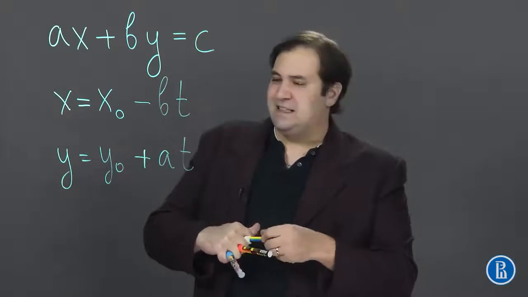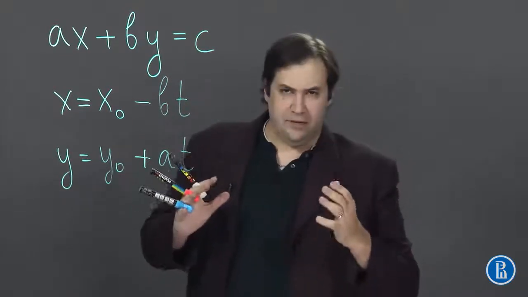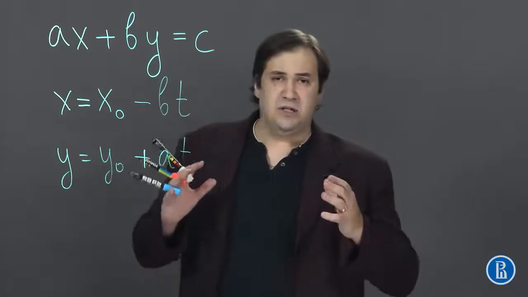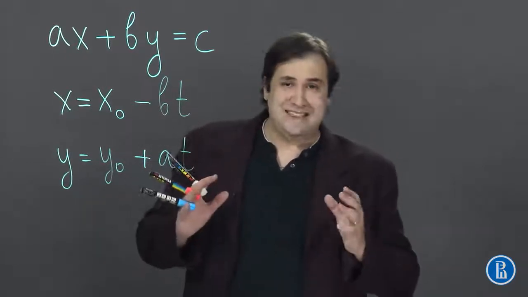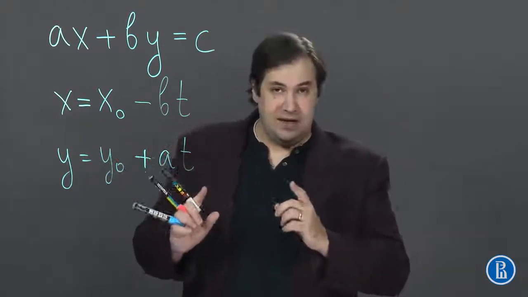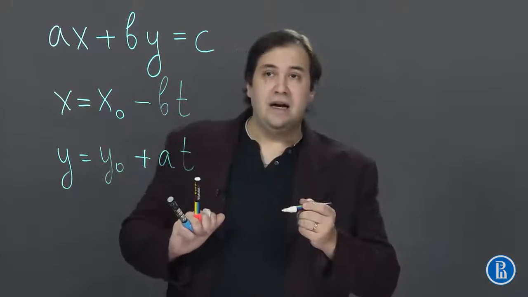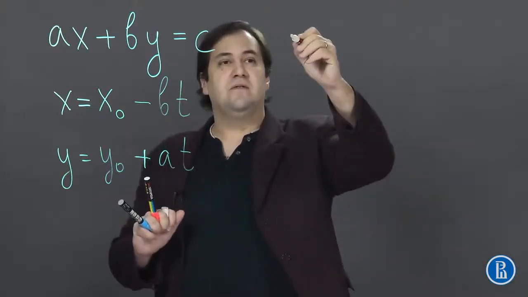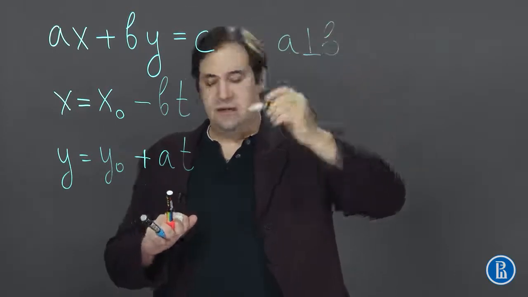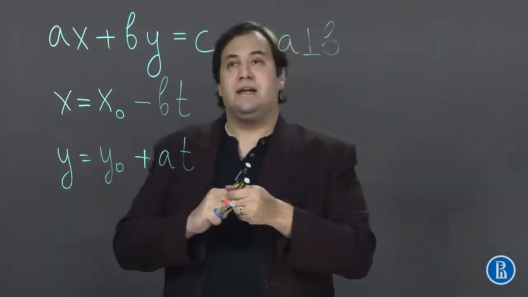But this is not completely correct. And this is a standard mistake which is made by many of those that study number theory. These formulas work only if a and b are mutually prime. And this is a very important condition. So please pay attention.